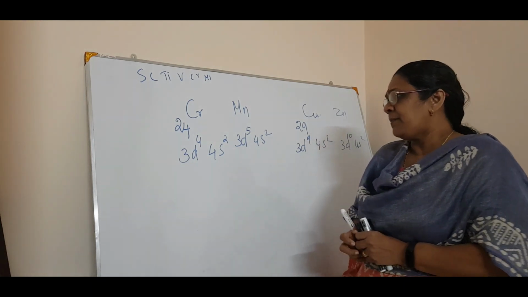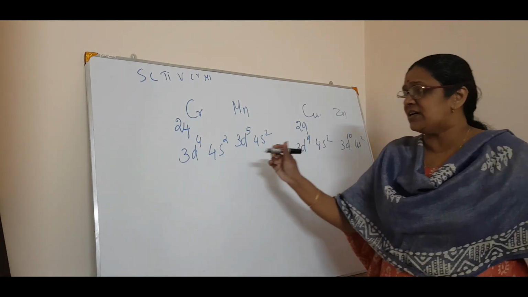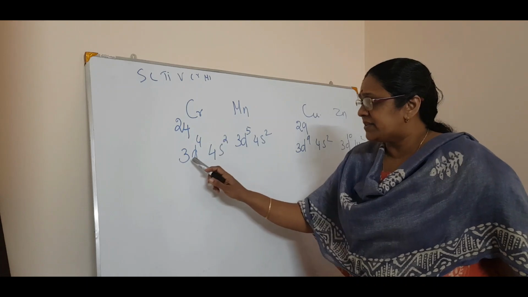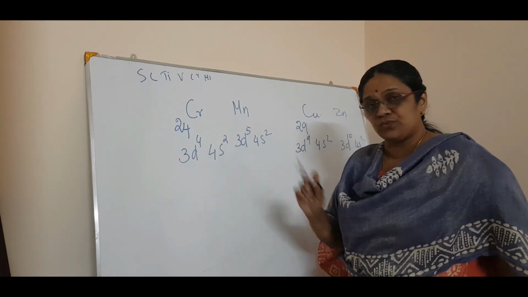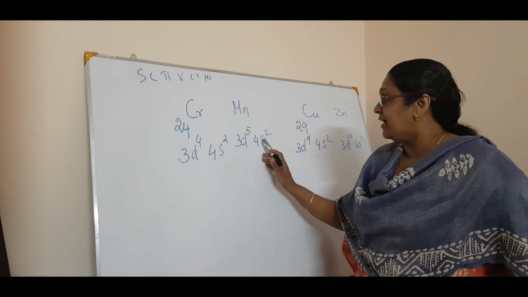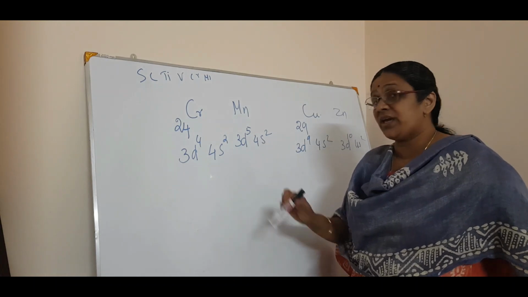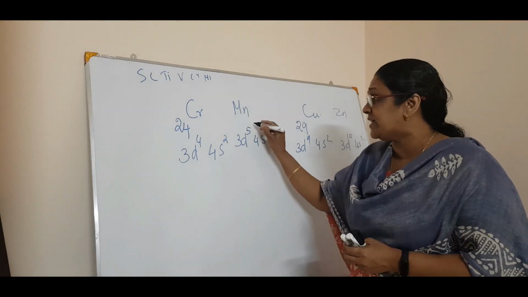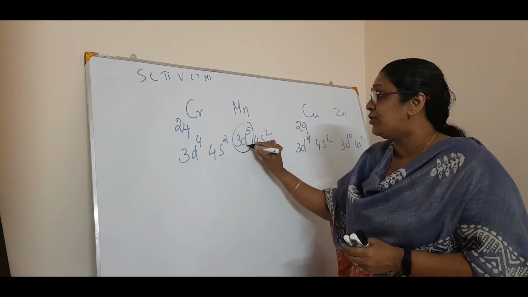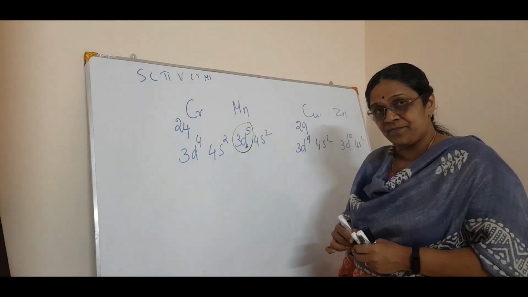Listen. In this case, what do you observe? You observe 3d4 and 4s2. Here 3d5 and 4s2. Here there is an importance. This is a half-filled stability of the d orbital, isn't it?